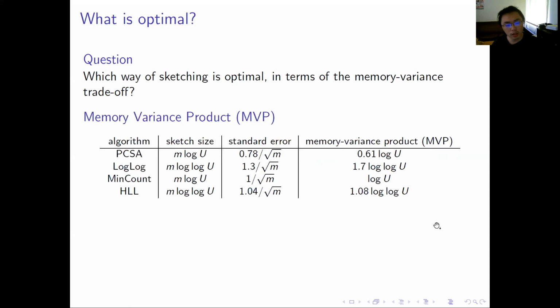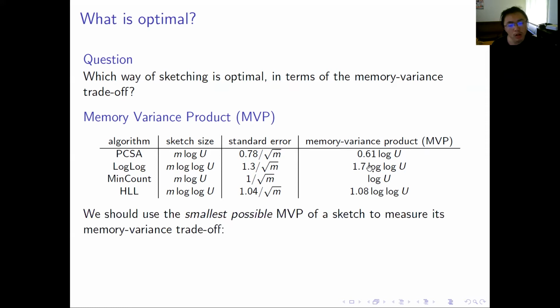It turns out that we need to look at the memory-variance product as a quantification of the memory-variance trade-off. If you take the table and take the product between the sketch size and the variance, this is what you get. It is a constant depending on U, but does not depend on M. But this is not enough, because I don't want this measure of the memory-variance trade-off to depend on the way you store the sketch and the way you do the estimate.